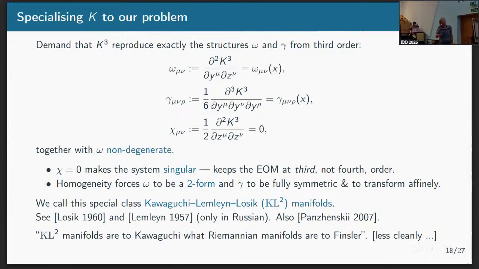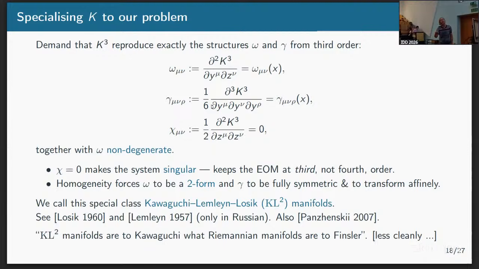So we defined the geometry on our problem as that third derivative, that second derivative of the cubic function gives us the omega, which depends only on x. So think of quadratic constraints for the Riemann.